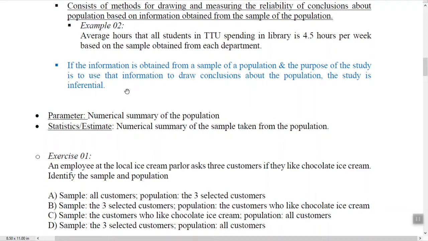But if you are taking a subset of that, it can be like 1,000. So it reduces the cost, it reduces the time as well, and it is really easy to deal with rather than a population. That's why we are using a sample instead of a population.